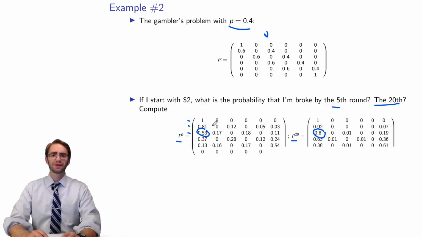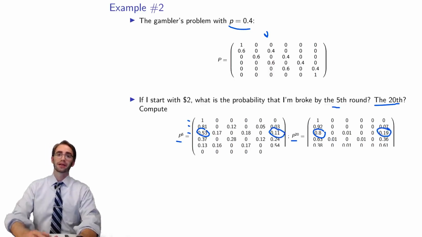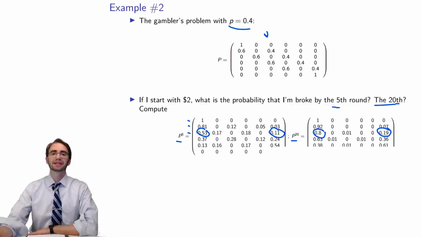So 53% chance of being broke in the 5th round, 80% chance of being broke in the 20th round, versus my chances of winning by the 5th round are only 0.11 and 0.19 in the 20th round, respectively. So that's how you would study that.